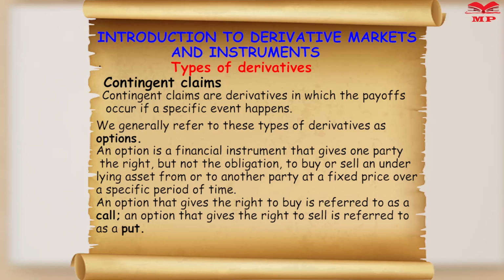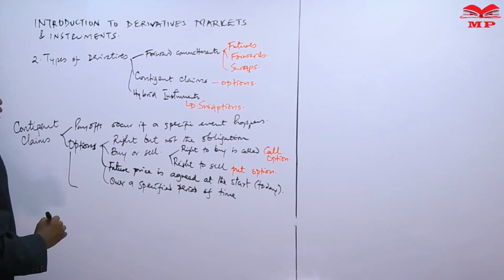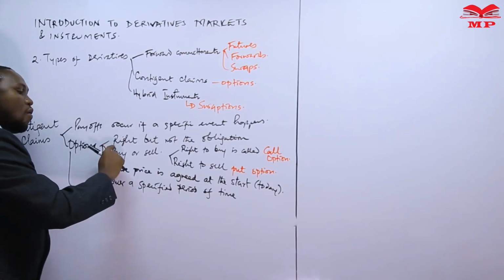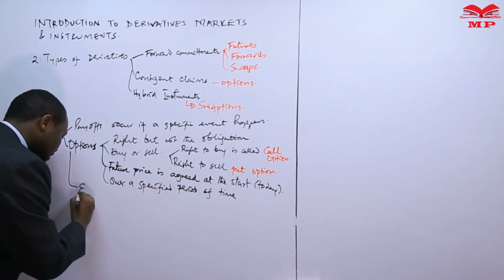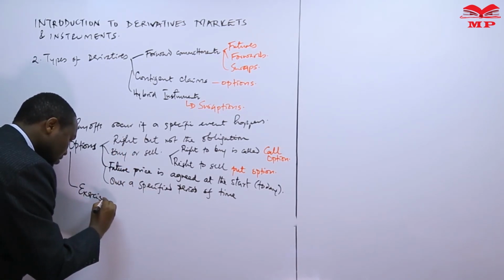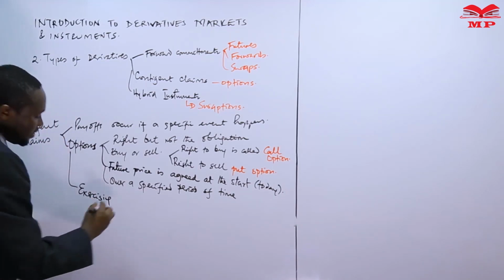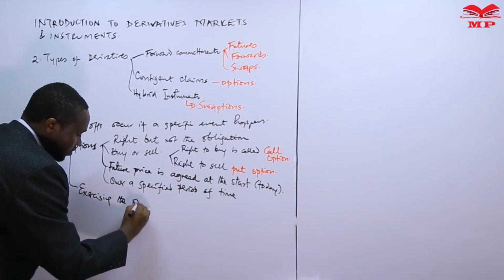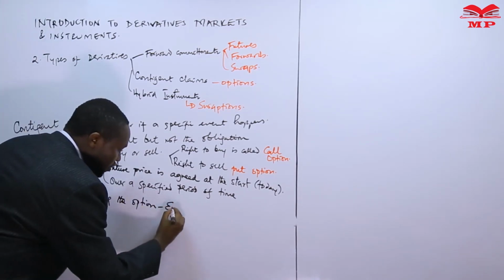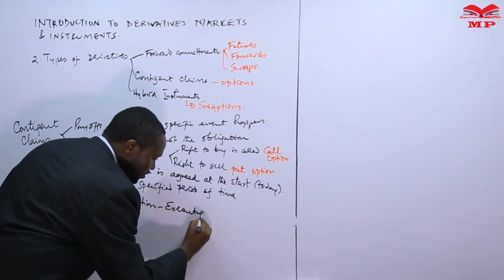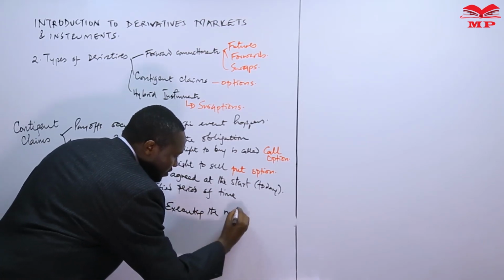The action of buying or selling is called exercising the option. So what is this action? When you say you now want to exercise this right, you are executing the right.